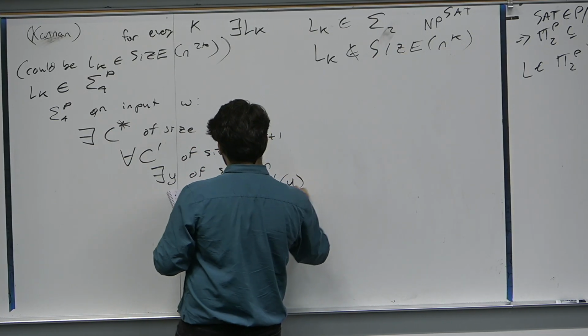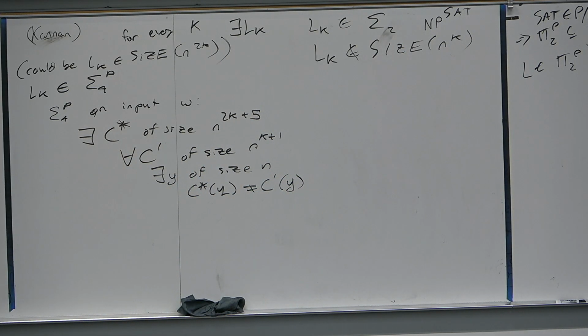By the way, what is this machine going to accept or reject? It's going to guess the C star and then accept if the guessed circuit accepts. So that's what its actual accepting and rejecting behavior is. I haven't finished the machine description so far. What does it do? There's a name for this.